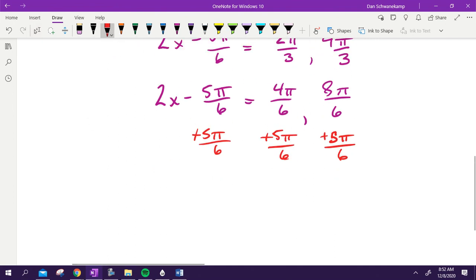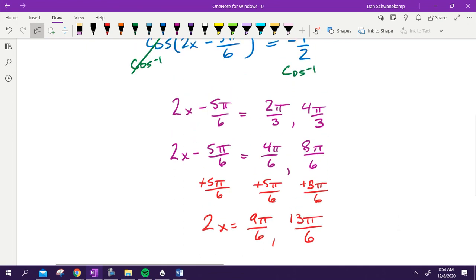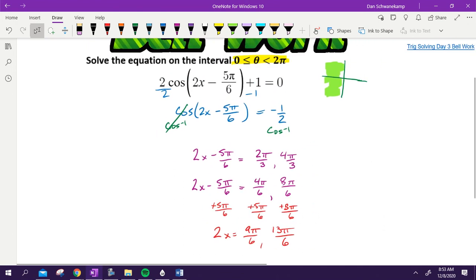So what that leaves me with is 2x is equal to 4 plus 5, okay, so 9 pi over 6, and 8 plus 5, which is 13 pi over 6. Everybody go to there. I have an issue here. What is the issue that I just created? I'm not on the interval anymore.